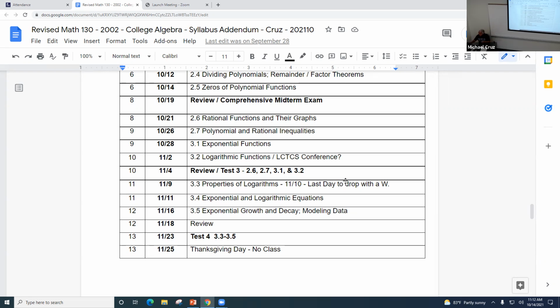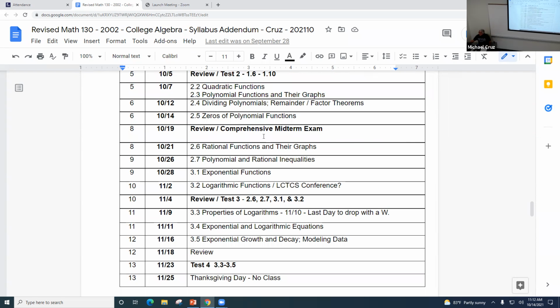Just realize that next class, the midterm exam will be over everything we've done so far, and we'll use that time to review, okay? But the exam will be open, and I think I got it open until the 20th, but we've got to check to make sure.